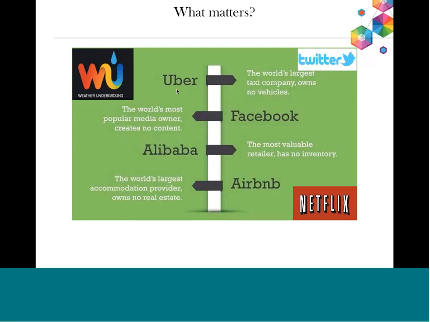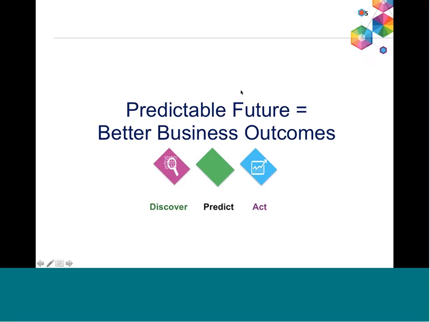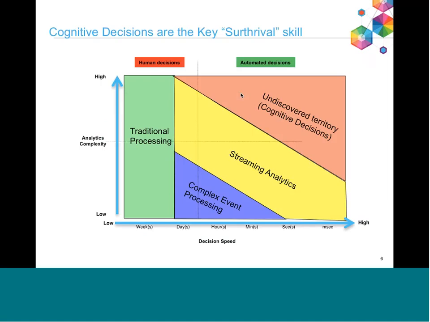So this is the model that you're going to see, the successful companies being able to predict the future to get better outcomes because they can discover information. Some of the information is information that they have that they own, and then they also can tap into other information. They can crowdsource information, and then predict from that and act upon it. And then what you see happening here is the traditional processing.